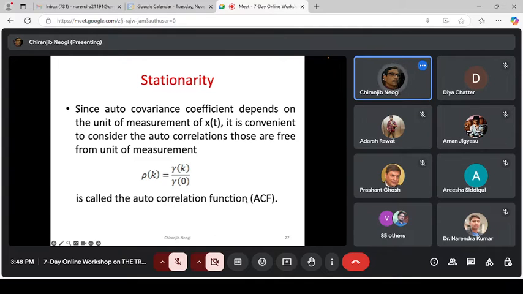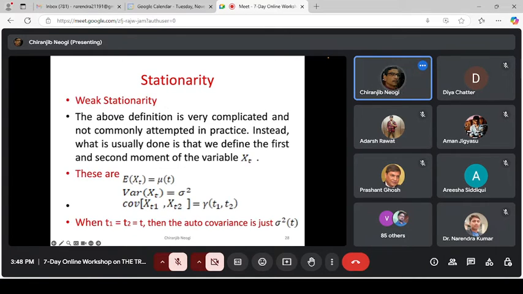Now, the correlation is, as you know, the covariance divided by the standard error of x times the standard error of y.